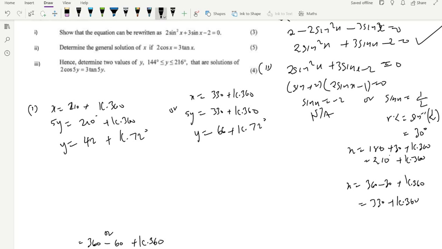Now, we have been given boundaries. It means we need to find those two values of y. But my answer should be between 144 and 216.